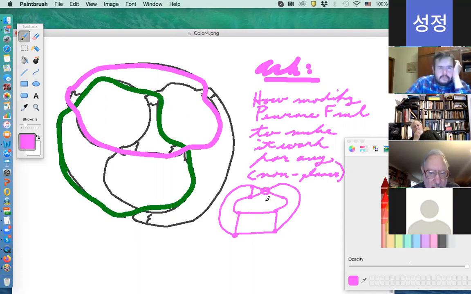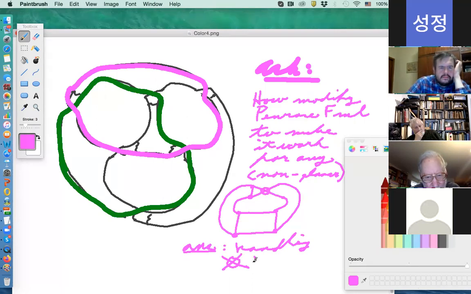And so the answer comes from handling the virtual crossings. You need to change the procedure of the Penrose formula to handle the virtual crossings, and then you can count the number of colorings of any graph whatsoever.